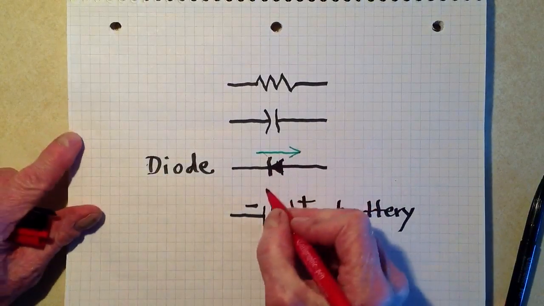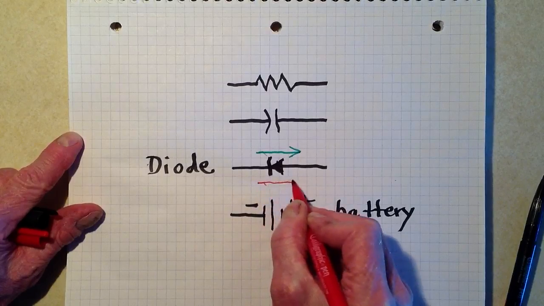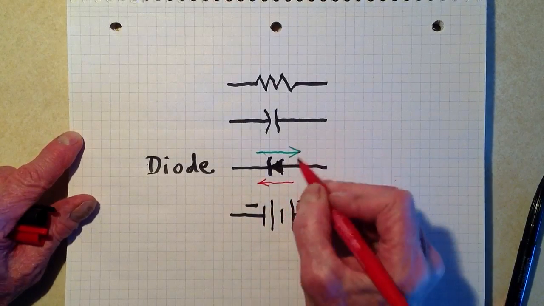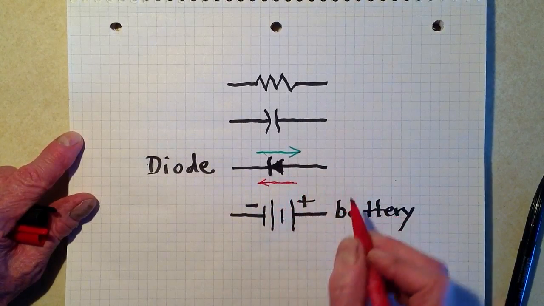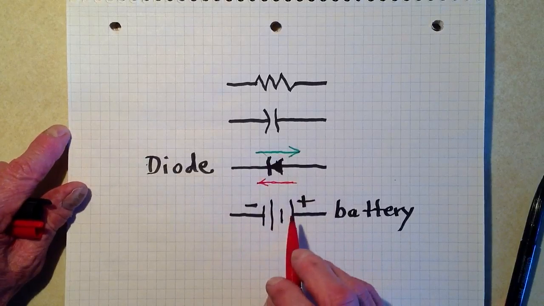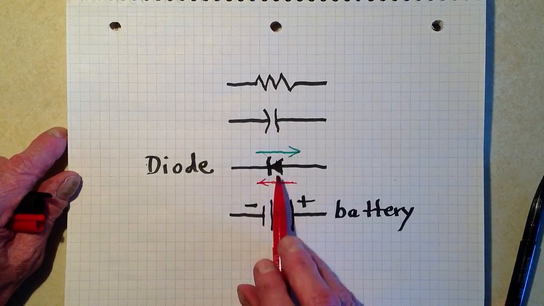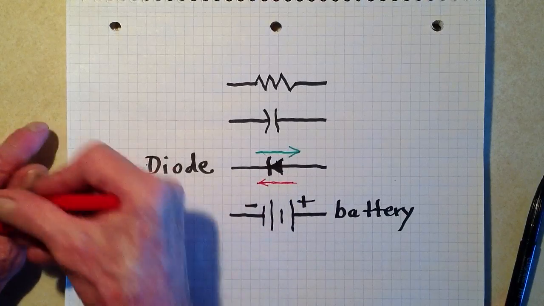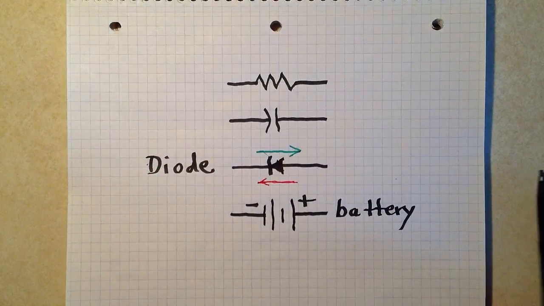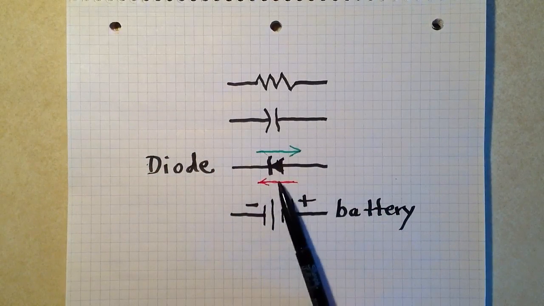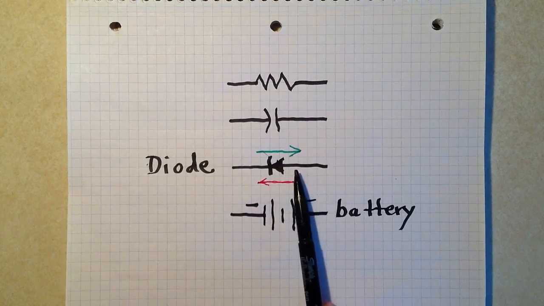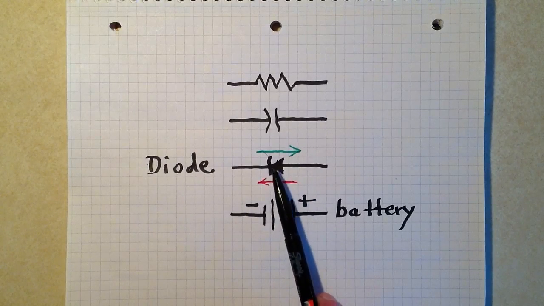And they can't generally flow in the direction of the arrow. But conventional current, which goes from plus to minus, flows in the direction of the arrow. Actually, conventional current doesn't flow because the actual objects that move in a conductor like this are electrons. A little bit of theory for you there.